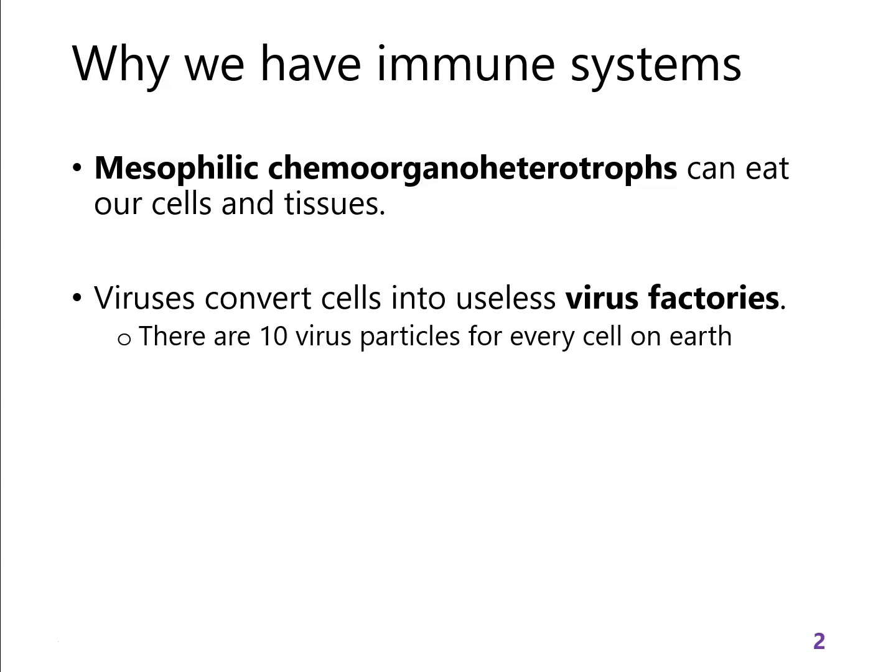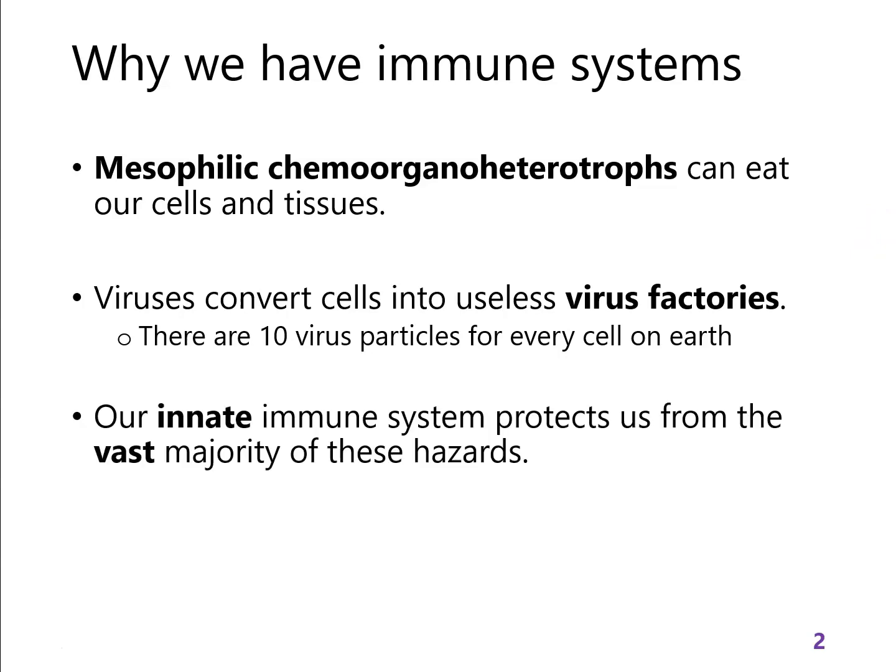That's all in there. And viruses, for example, are able to take over our cells. So they don't eat us, but they use us to make more of them, and in the process damage us or kill us. And so we are always exposed to viruses and bacteria that are dangerous to us.